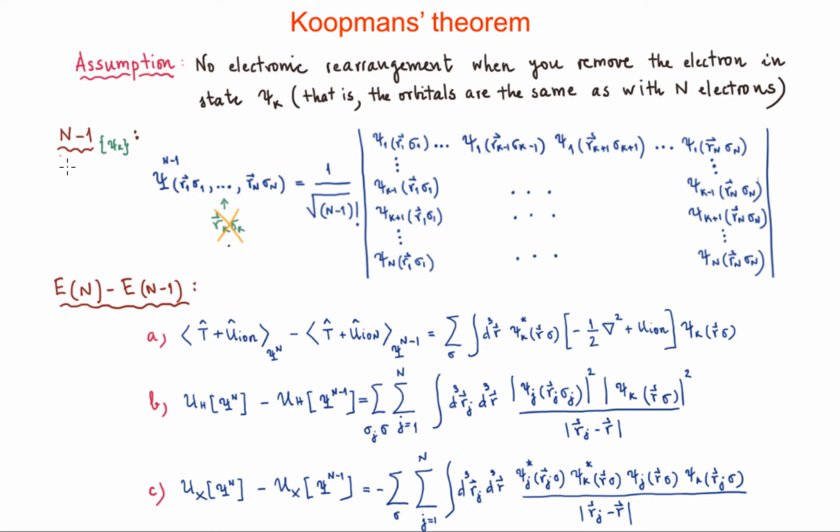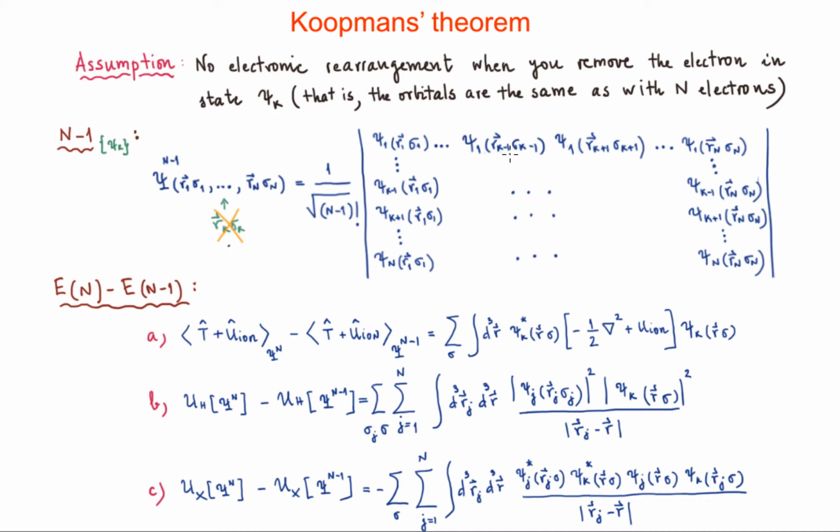So in order to analyze this n-1 electron system, we are going to build a new Slater determinant, but in this case using n-1 states. The states we are going to use are the states that were minimizing the system with n electrons, removing everything related to state c_k. For example, in this row you don't have the variables corresponding to electron r_k.